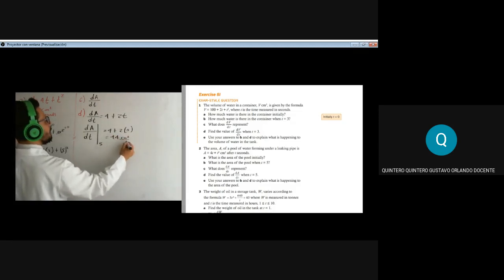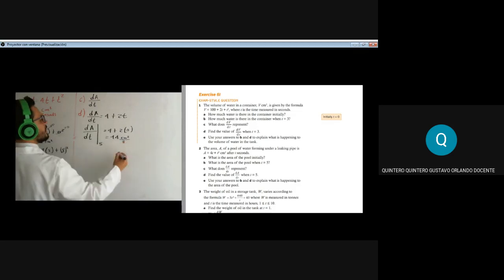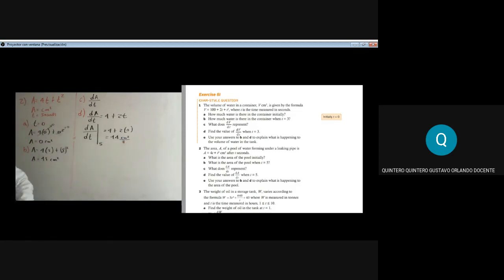centimeters squared per second. Now, take a close look at the units here. Since this is a change of one unit over the other unit, what I'm expecting is that the units are also a change in units.